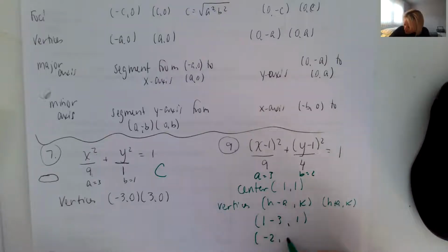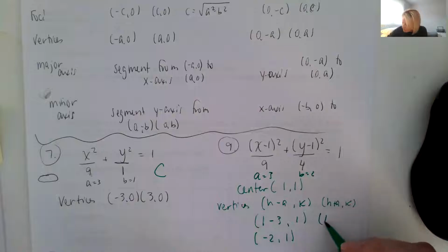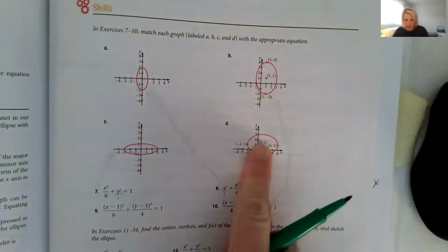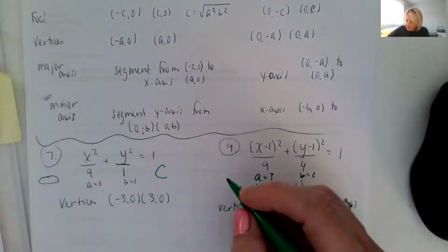So we have 1 at -2 and 1. And you can see that by the picture, that does match. There's 1 at -2 and 1. And the other one is at 1 plus 3, comma 1, so the other one is at 4 and 1. And so that matches picture D, -2 and 1 and 4 and 1. So number 9 is D.